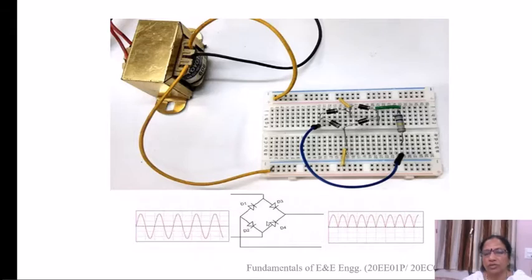The input circuit is the bridge circuit where 4 diodes are connected, and on the breadboard you can find a resistor connected at the output side, where the CRO is connected and where we obtain the DC output. In this figure you can see an AC input is applied across the input circuit, whereas the DC output is obtained across the output circuit.